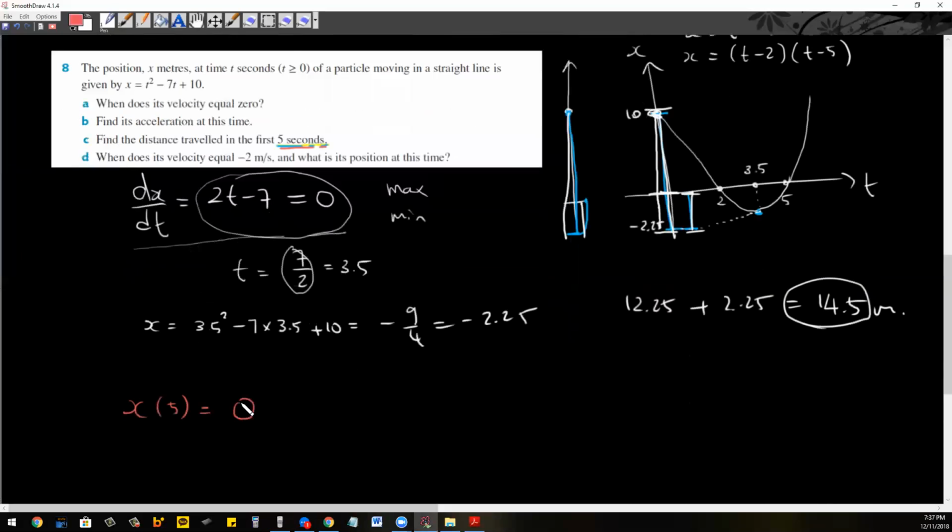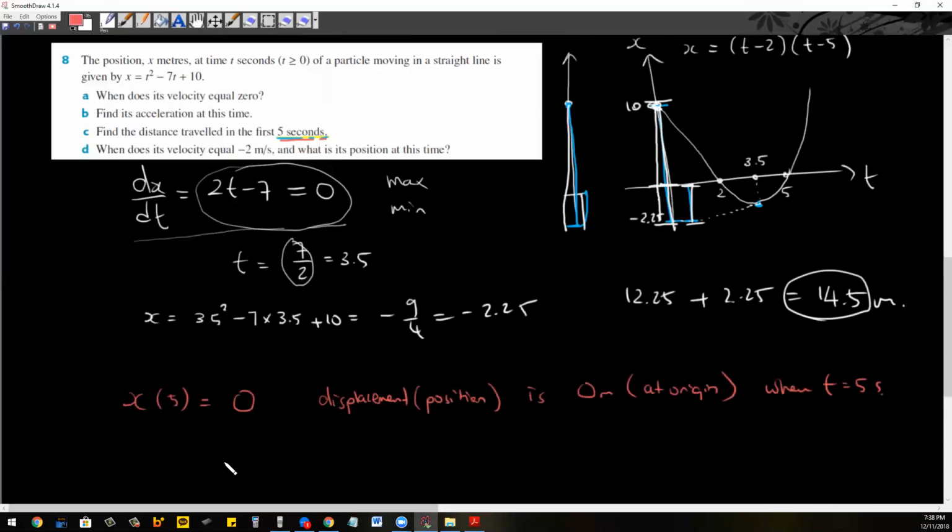What this means is that the displacement, which means the current position, is 0 meters, which means at the origin, when time is 5 seconds. So this is not distance at all. This is absolutely not the same thing as distance.